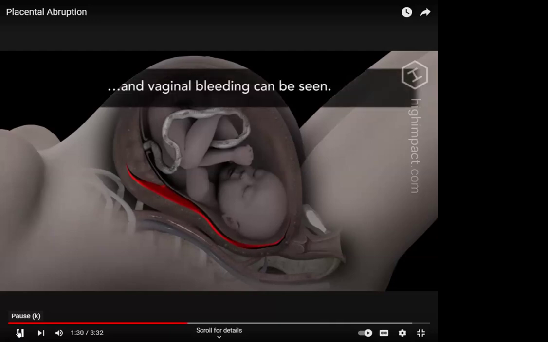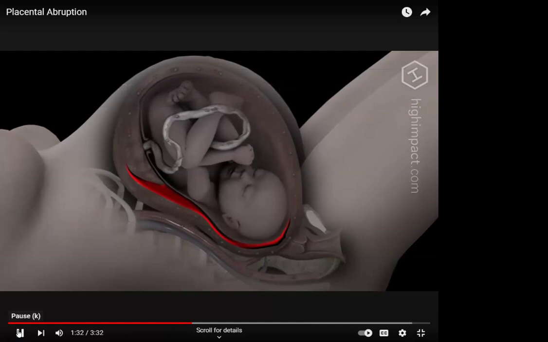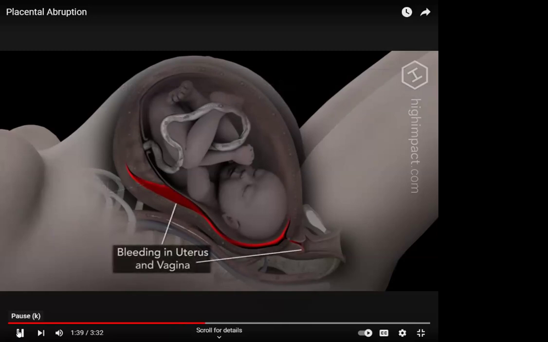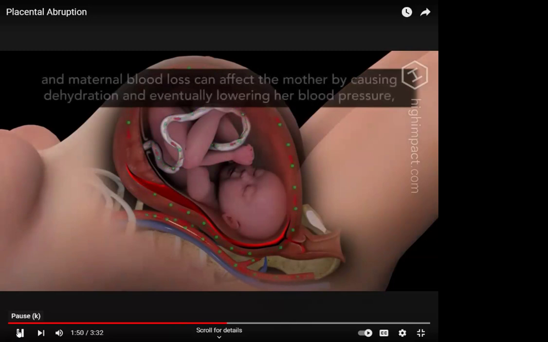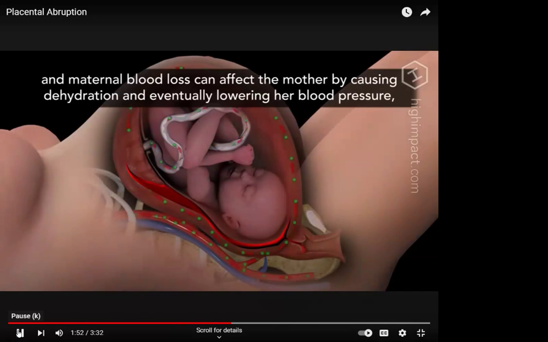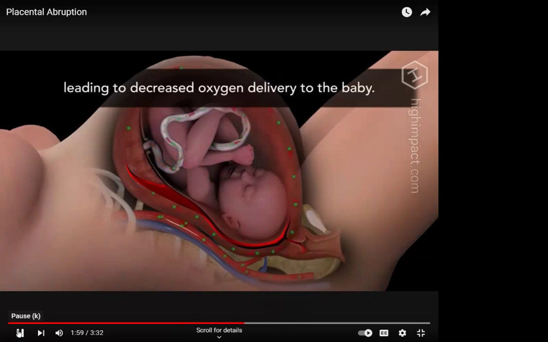And vaginal bleeding can be seen. As the abruption continues, the surface available for oxygen transfer is reduced. And maternal blood loss can affect the mother by causing dehydration and eventually lowering her blood pressure, leading to decreased oxygen delivery to the baby.